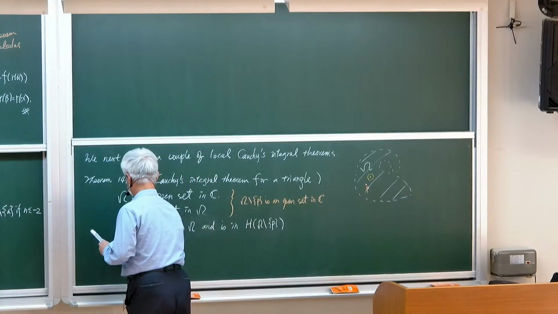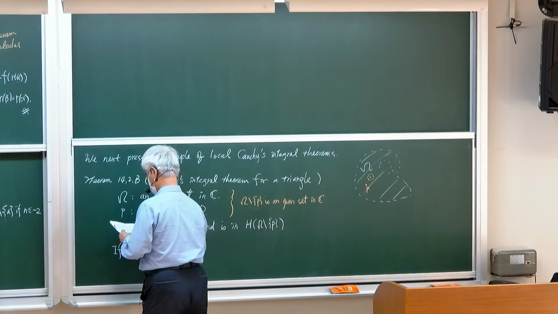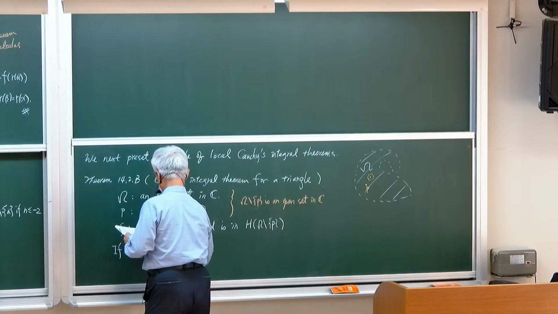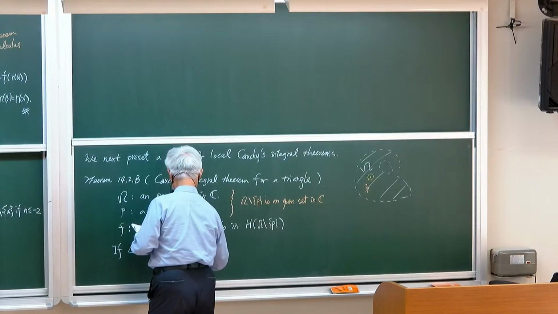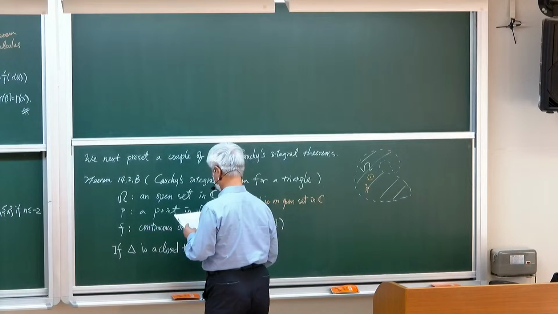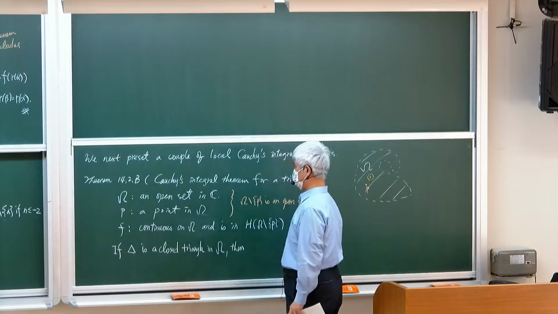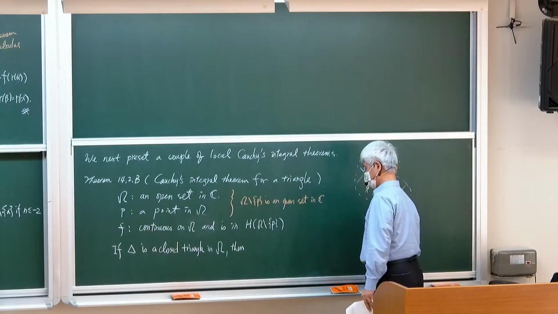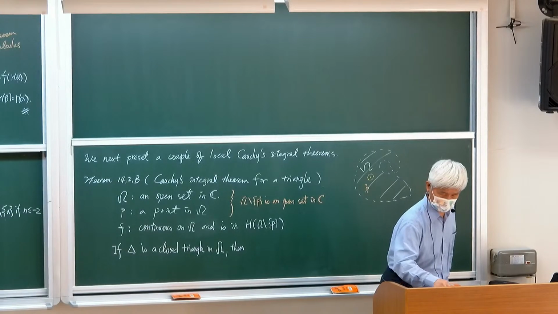And now if delta is a closed triangle in the open set omega, then, so the triangle is here.